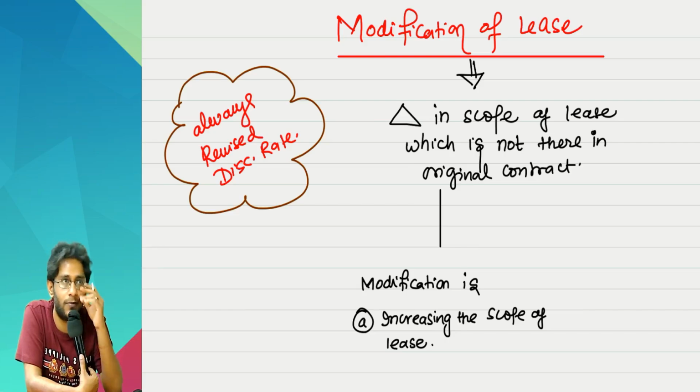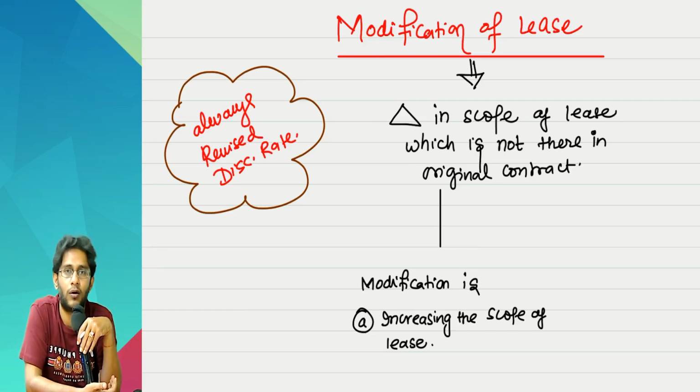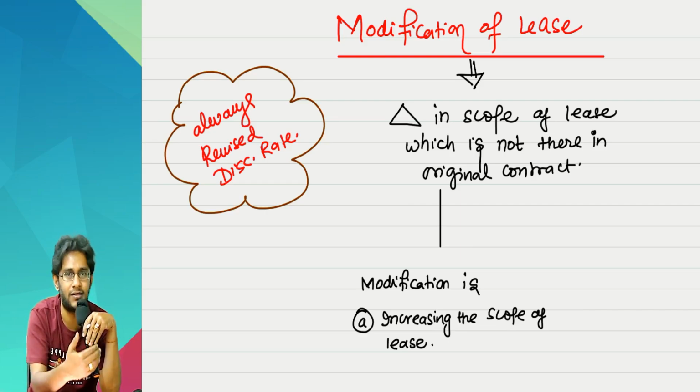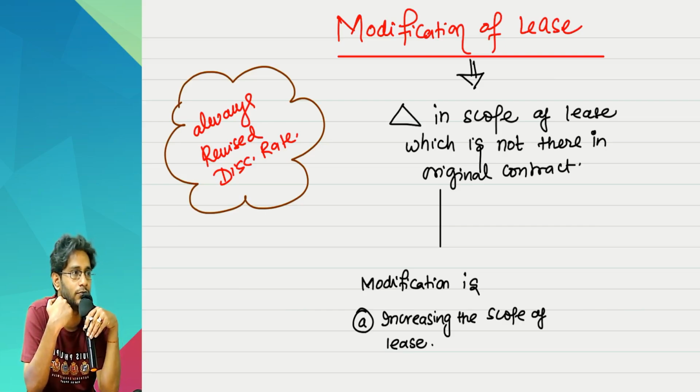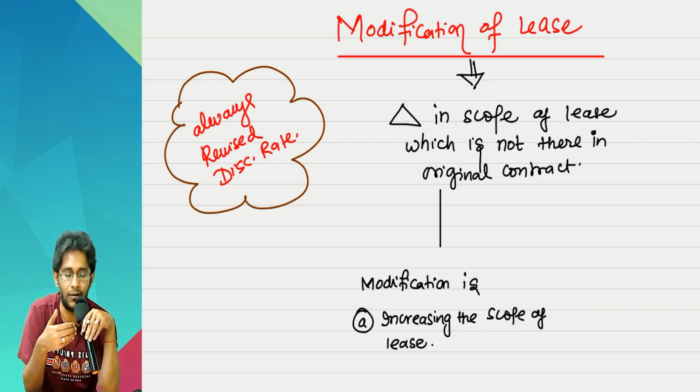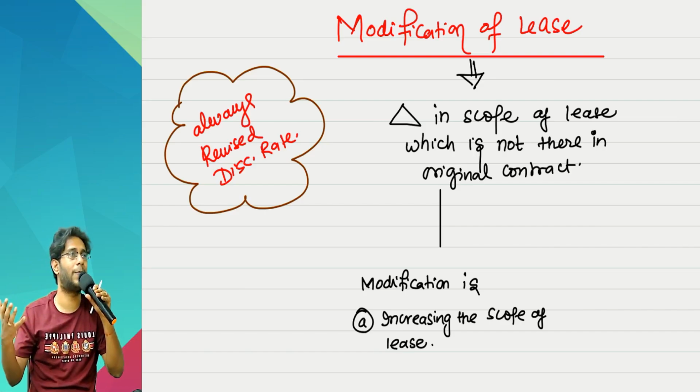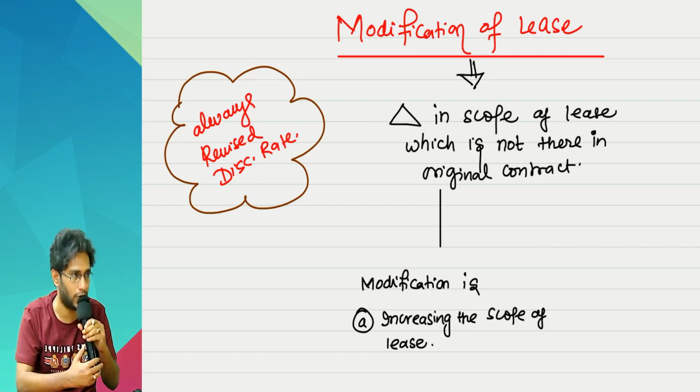Example 1. Example number 2. I made a contract to lease a 3rd floor for a period of 5 years. 3 years is over. I went to the lessor. I asked him, I want the 4th floor also. This is also called an increase in the scope. Either the period of lease increasing or asset capacity increasing, both are increases only.